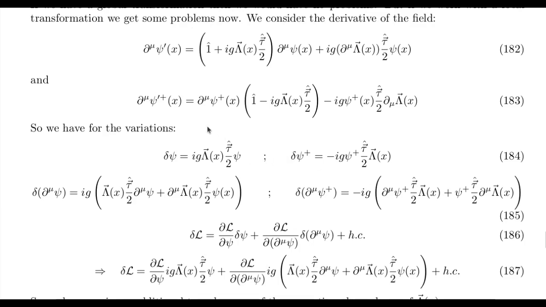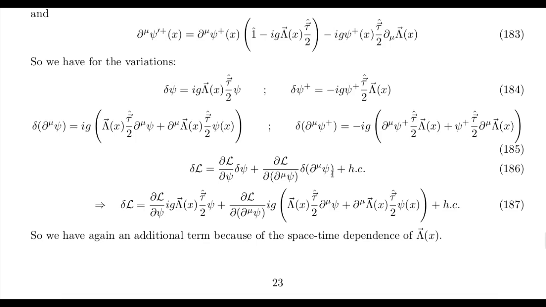Okay, for the normal variation of the wave function we have these two equations here, 184. And for the variations of the derivatives, we have these two equations here, 185. Then the variation of the Lagrange density must vanish.